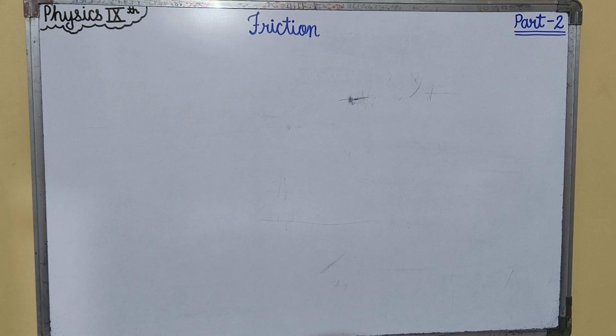What is normal reaction? We have learned it in previous class, but this is for the revision because we have a formula derived from it. So normal reaction is denoted by R. When a body is resting on a surface, the force exerted by the surface against the body along the direction perpendicular to the surface is known as normal reaction.